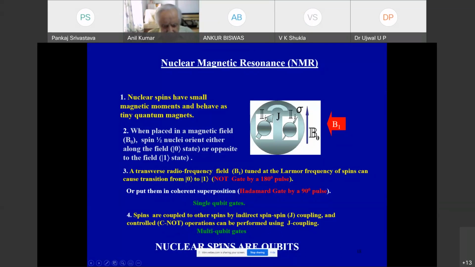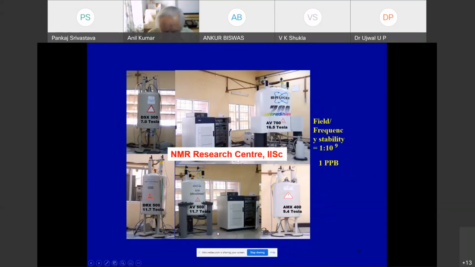So nuclear spins are qubits. To do NMR quantum computing, you need a very homogeneous and powerful magnet. And these magnets actually were developed, and we have 8 of them in our center at IISc at one point of time. This AV700 means 700 megahertz and 16.5 Tesla.